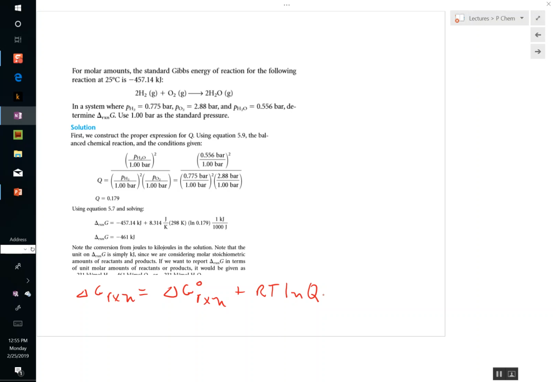But at any rate, punching that all in and just using that as an example, we get this Q for those partial pressures. Punch it into this equation. We're converting the joules here to kilojoules and getting a delta G of reaction of negative 461 kilojoules.